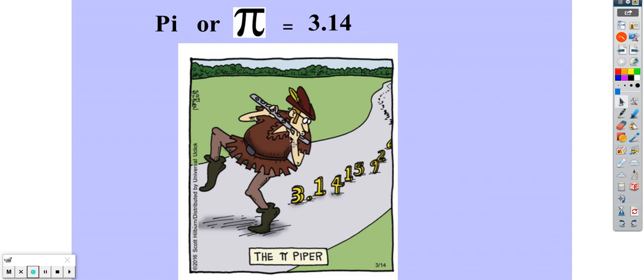The number pi just keeps going on and on and on. It's a non-repeating decimal that never terminates and never repeats, so it's an irrational number.